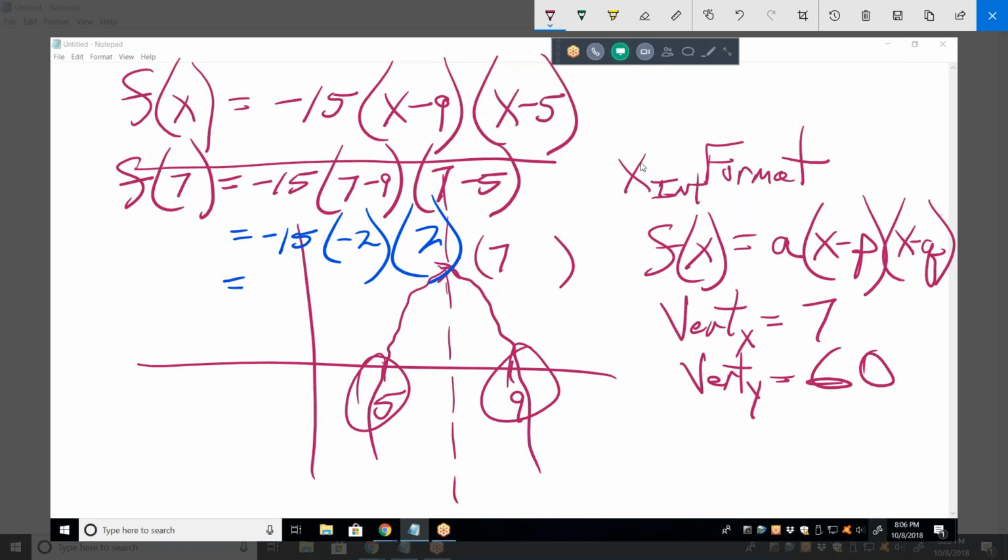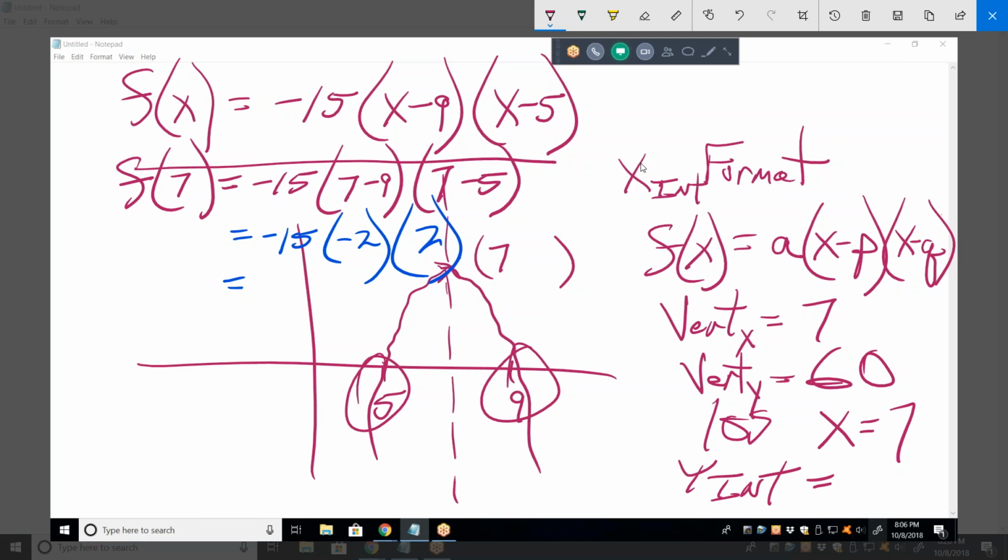So I've got my line of symmetry is what? Your line of symmetry is x equals 7. And the y-intercept.